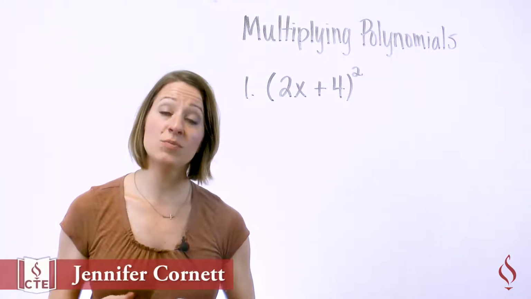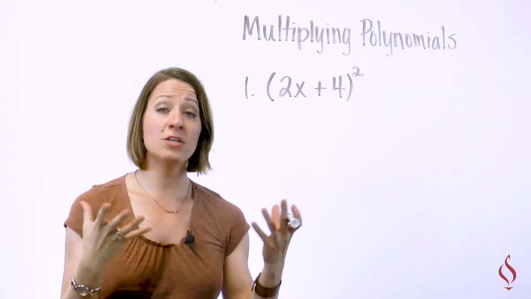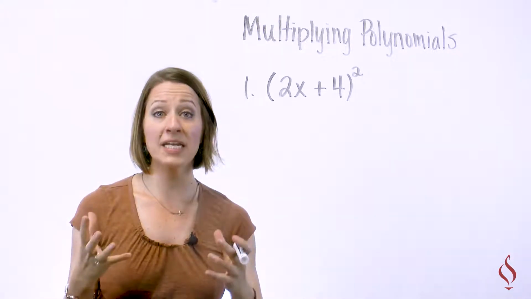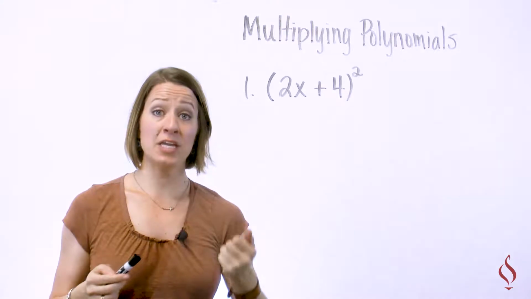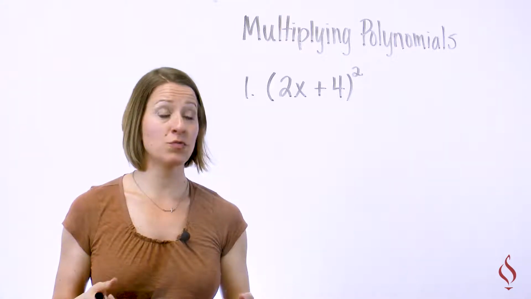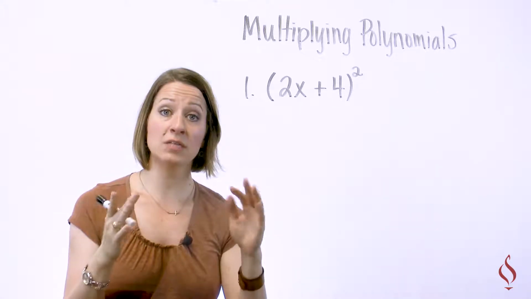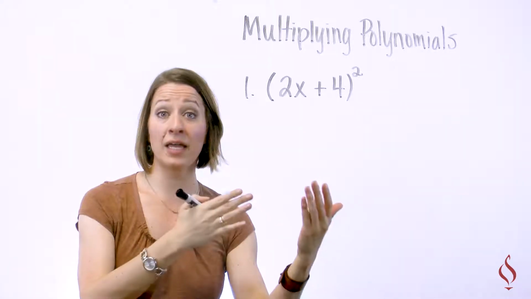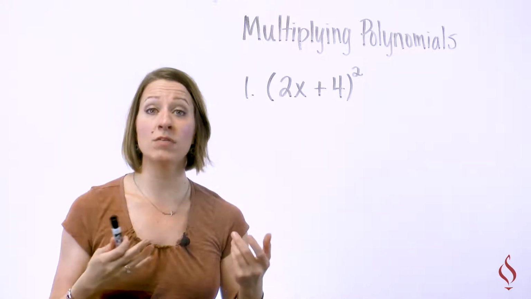In this video, we're going to continue multiplying polynomials, except I'm going to introduce you to this idea of quantity squared. This is actually a multiplication problem. It's 2x plus 4, and then it has the parentheses around it, which usually has something else to multiply to, except we just have this exponent of 2.